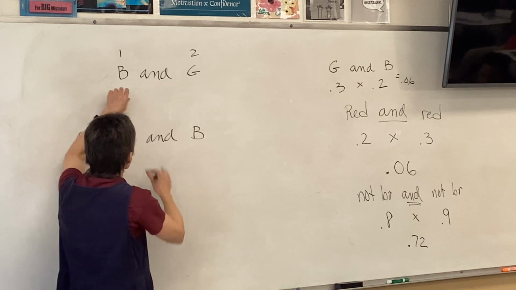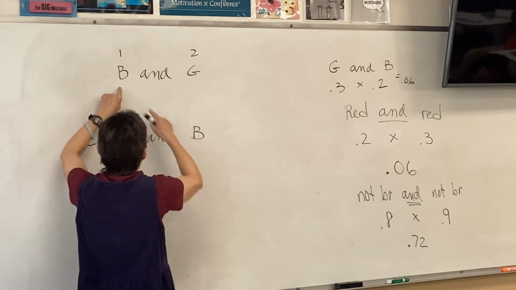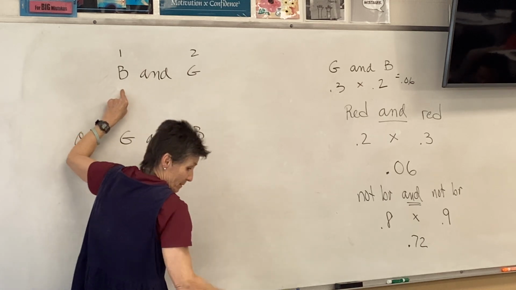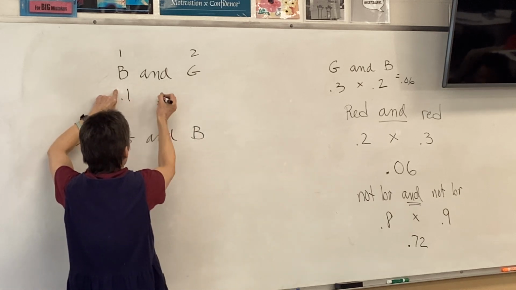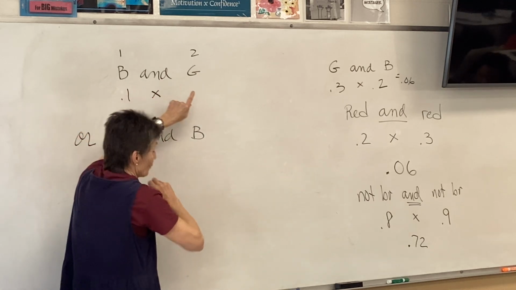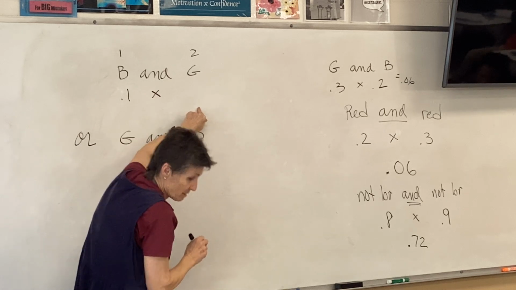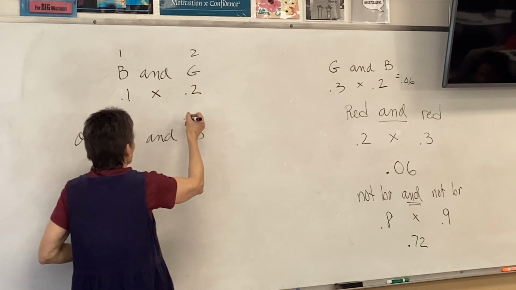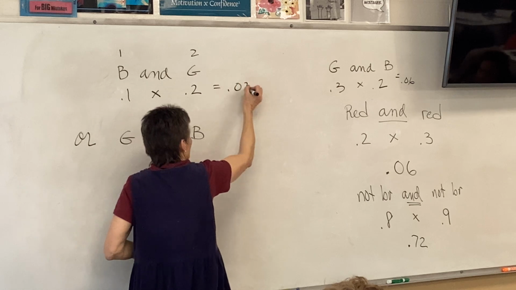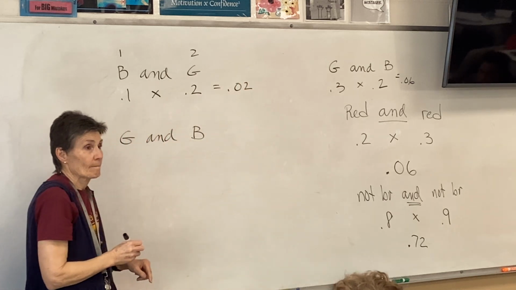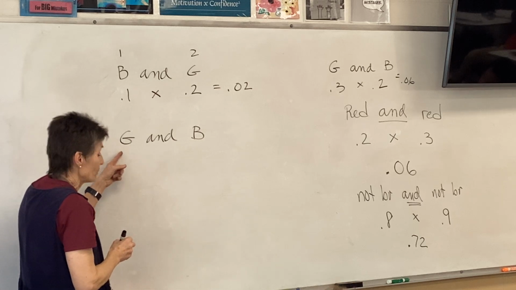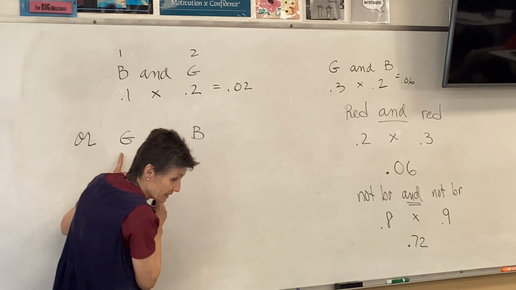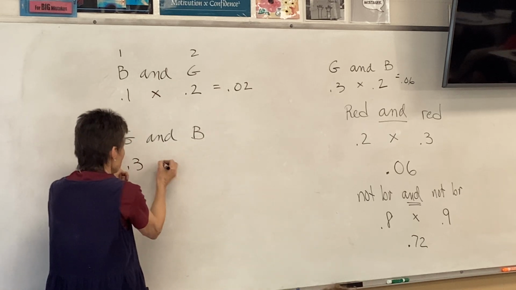So this is first bag and second bag, what is the blue probability from Maggie? 0.1. And the green probability from Elizabeth is 0.2. So that one's 0.02. But I don't care about the order, so I have to look at this. Getting green from Maggie would be 0.3.